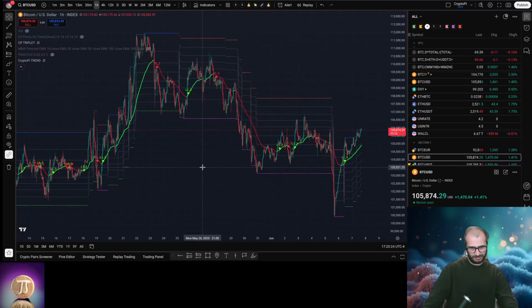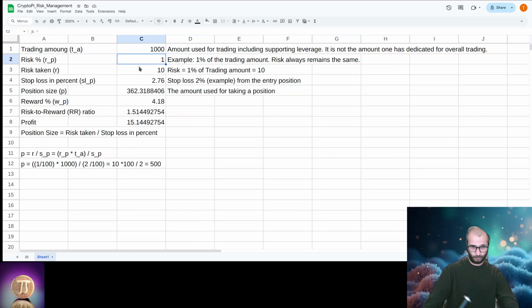What is important is how one computes position size, or rather how one manages their risk. How do they define their risk? Is it 1% of the risk, or is it 50% of the risk, or does one take 100% of the risk?